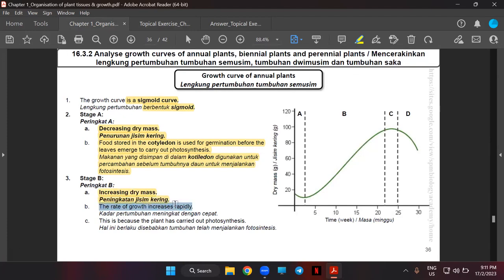The growth rate increases rapidly, kadar pertumbuhan meningkat dengan cepat, markah yang kedua. This is because the plant has carried out photosynthesis. Hal ini berlaku disebabkan tumbuhan telah menjalankan fotosintesis, dapat markah yang ketiga.